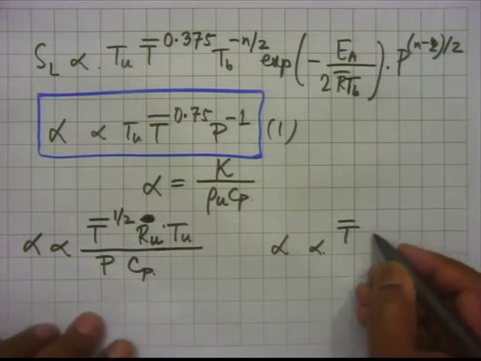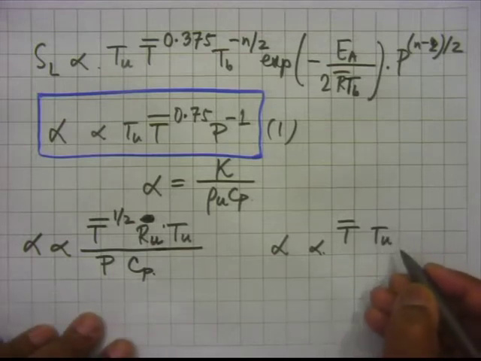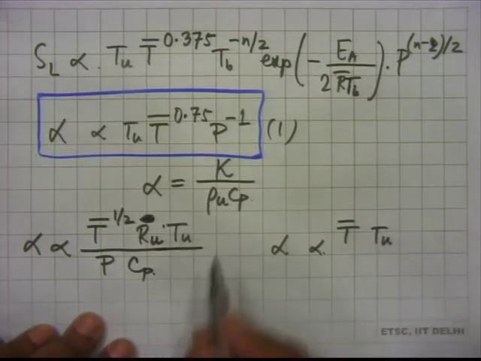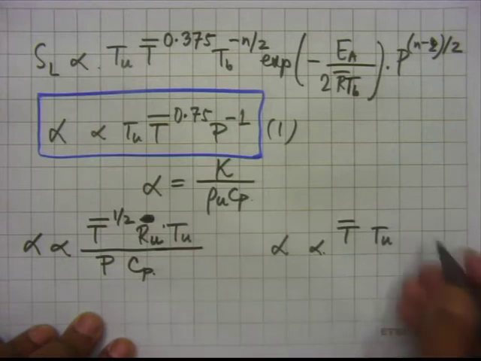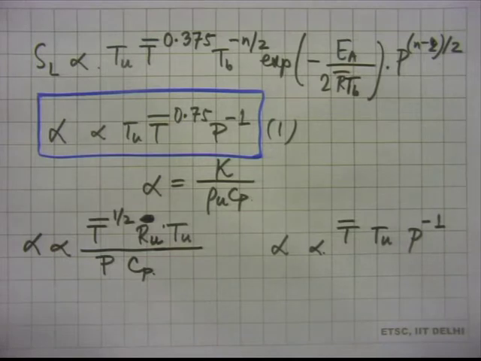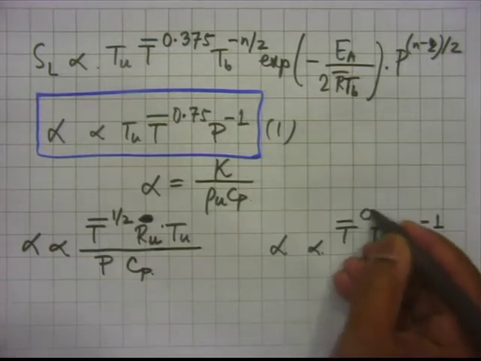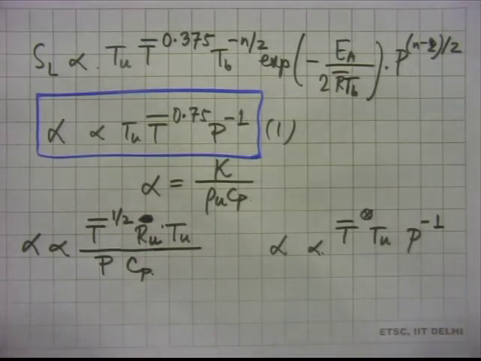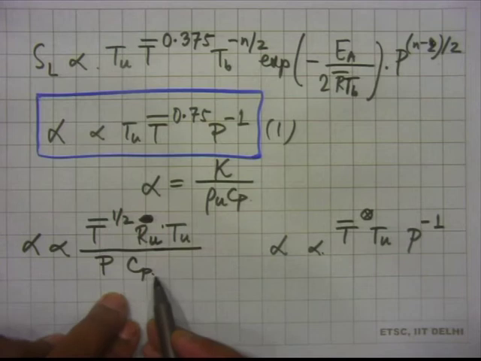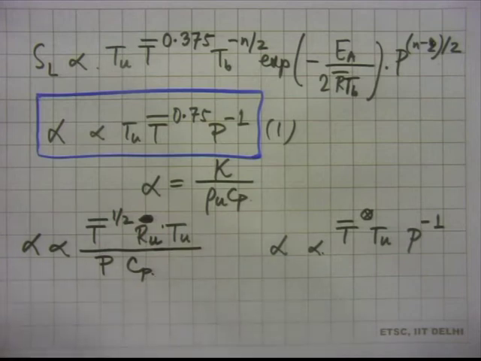It will definitely be proportional to Tu, and it will go with pressure to the power minus 1. Now, this T bar has some power, correct. This is what this is telling us, but it is not straightforward to say what this power will be, because Cp has that polynomial expression, correct. So, what do we do? Not very clear.